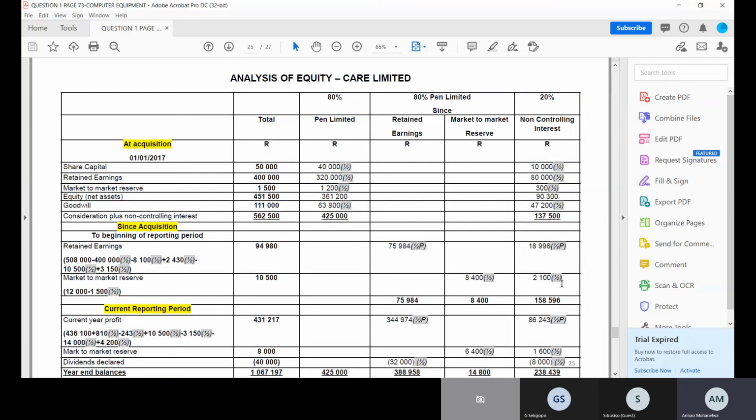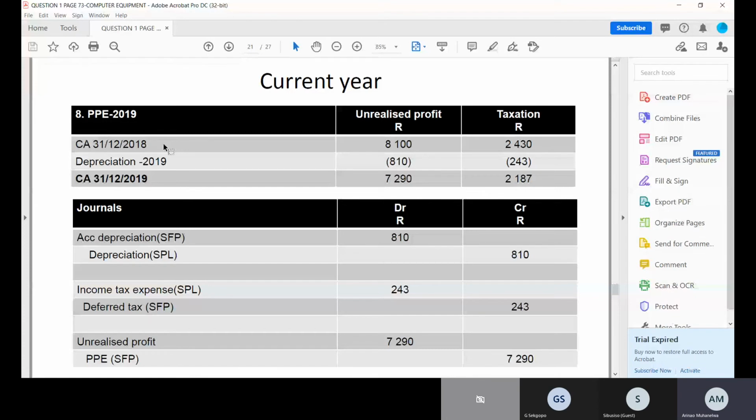Eventually, to explain the PPE. 2019, it means the amount needs to be returned off from the PPE. So this is the journal.